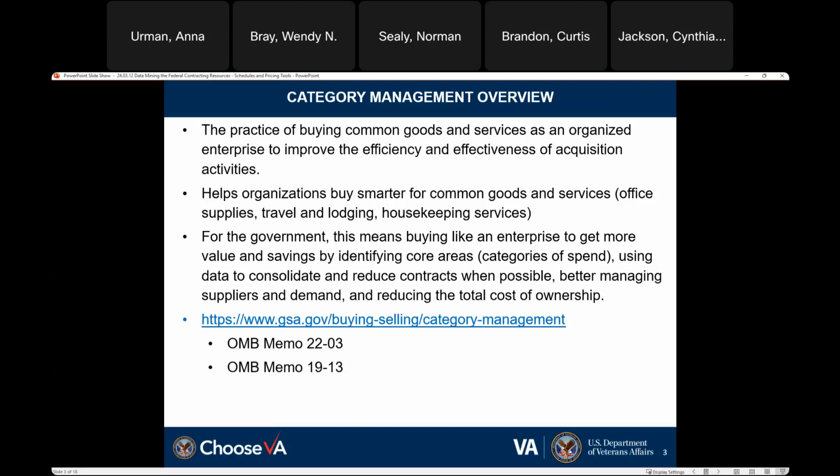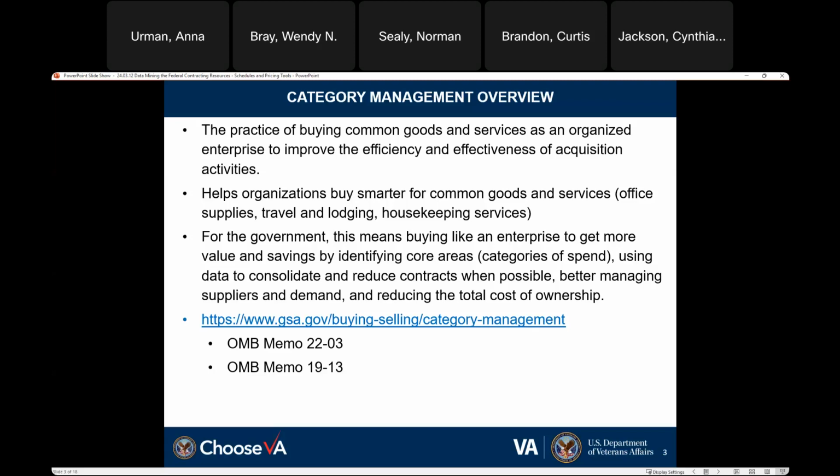Awards to socioeconomic categories count as that spend under management by default. So small business buys are considered a type of category management because we are using a mechanism that the government has determined as a priority.